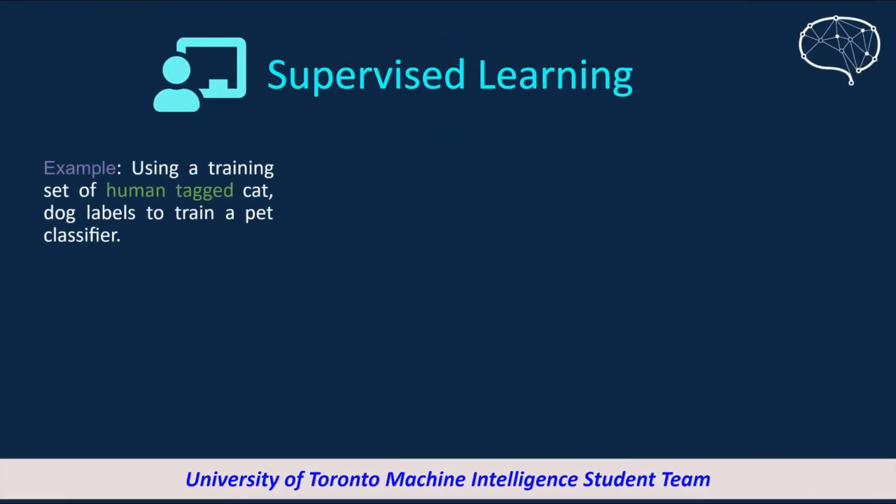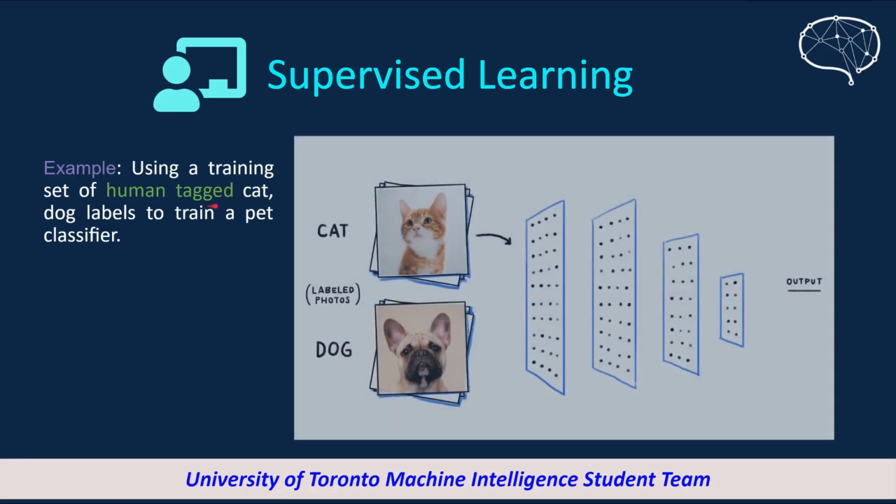So to explain supervised learning, I will give an example. We can use a training set of human tagged cat and dog labels to train a pet classifier. Keep in mind that in this dataset, the labels are created by humans.